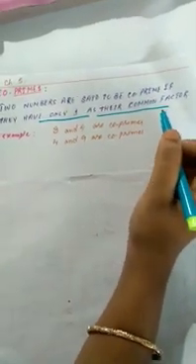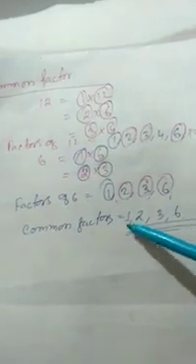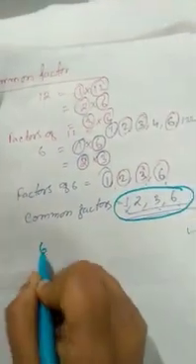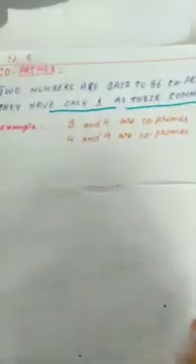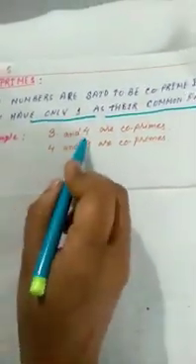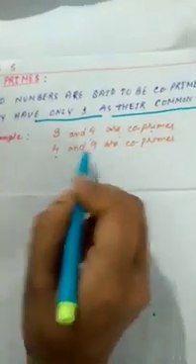As we did in our last class, I gave this example of 12 and 6. Their common factors are 1, 2, 3, 6. That's why 12 and 6 are not coprime. But 3 and 4 are coprime, like 4 and 9 are coprime.